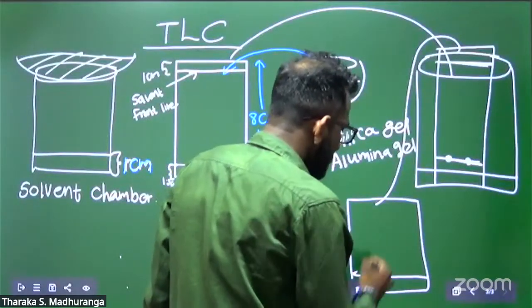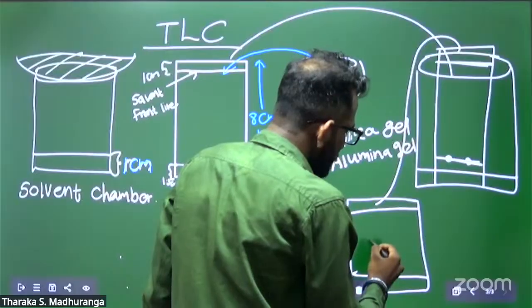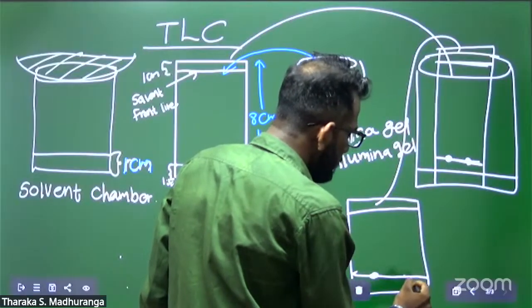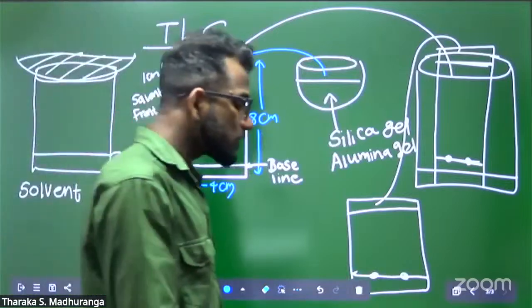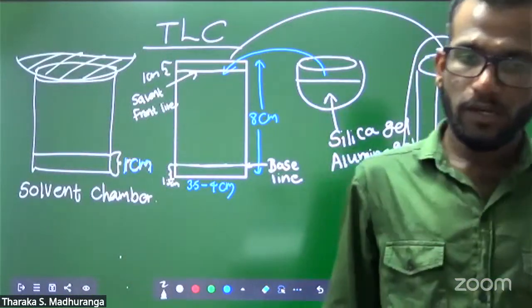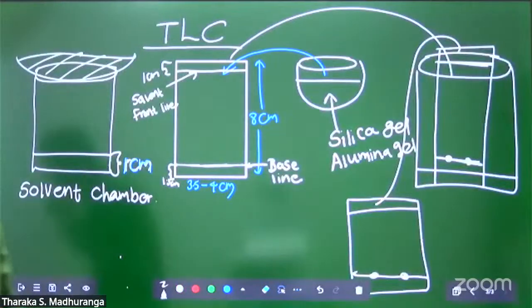This is the baseline and solvent front line. Then using a coloring agent or visualizing agent, we can observe this compound. This is the thin layer chromatography.